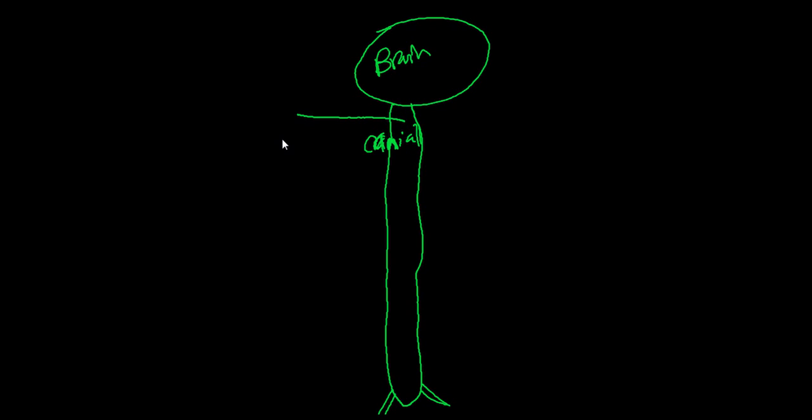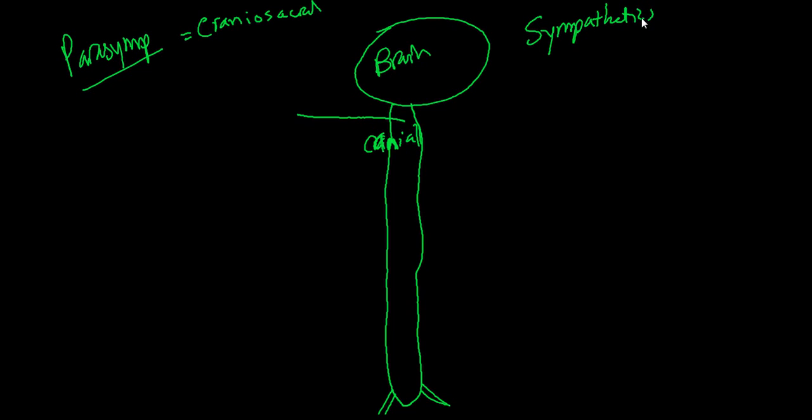Now we've got nerves coming out here, and this is going to be our parasympathetic nerves. If you've heard before, parasympathetics are going to be craniosacral, while our sympathetics are going to be, wait for it, thoracolumbar.